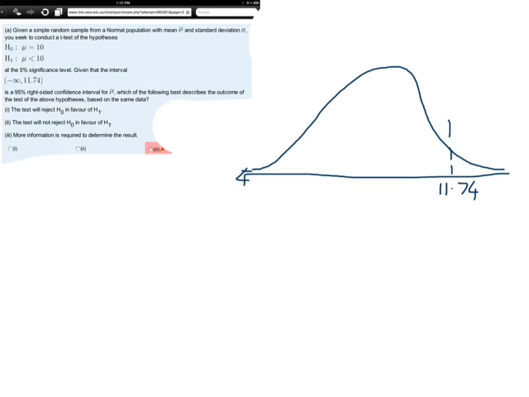And that means that this little space in here is going to be 0.05. Remembering that a right-sided interval means that the right side is fixed, and there's a 95% chance that the actual mean lies somewhere in here.